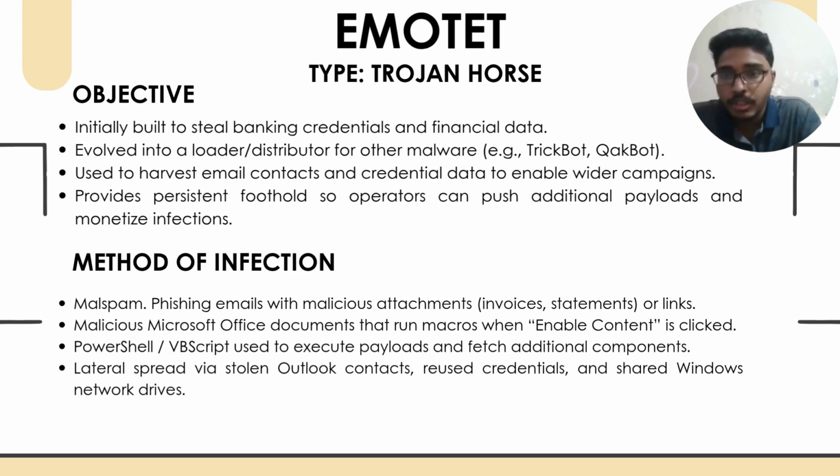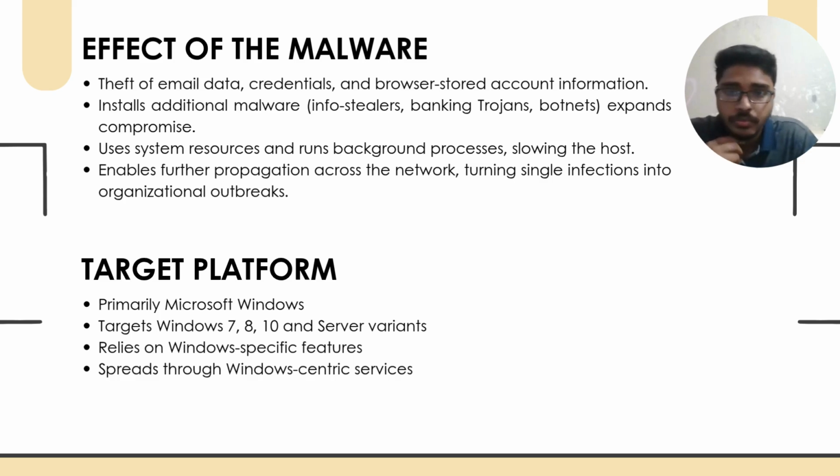The infection methods: it spreads by phishing emails with malicious attachments or links, and also infected Office documents using macros or PowerShell scripts. It also spreads through stolen credentials and shared network devices.